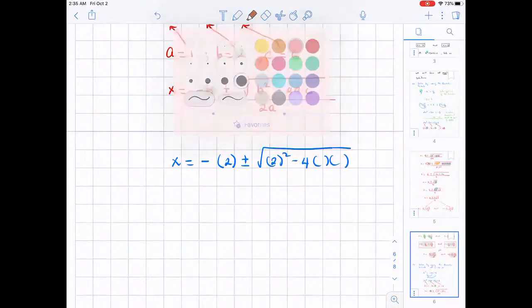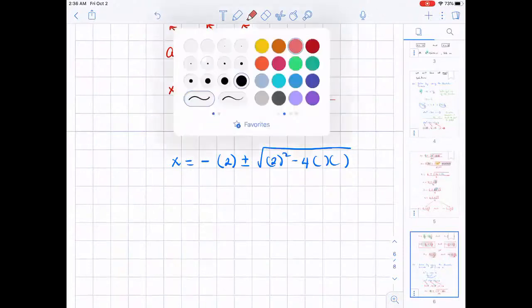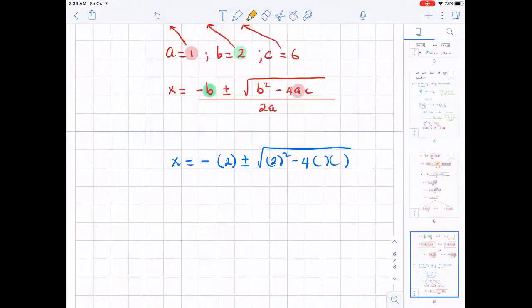So we see here that a is 1, okay, and we have c is 6. So a is 1 and c is 6. Everything over 2 times a, which we said is 1.